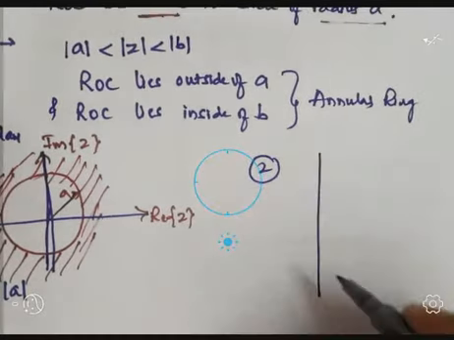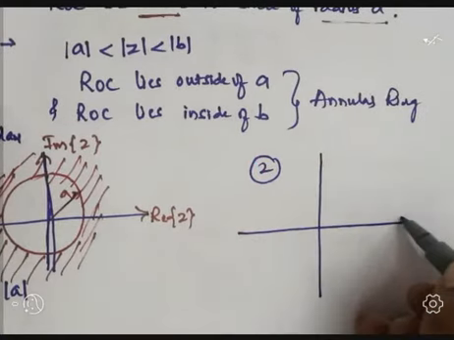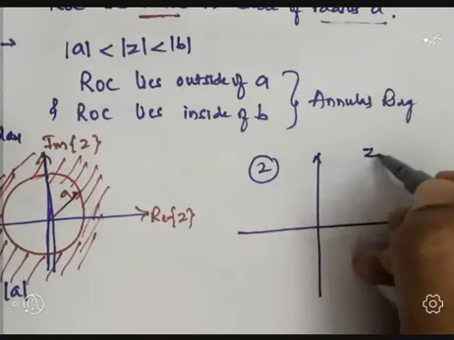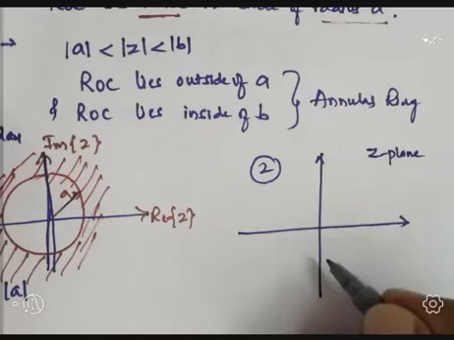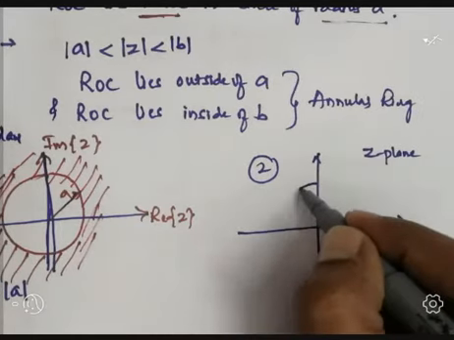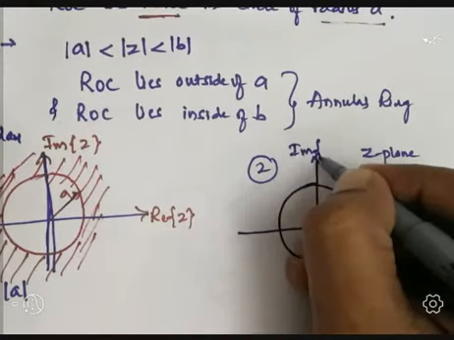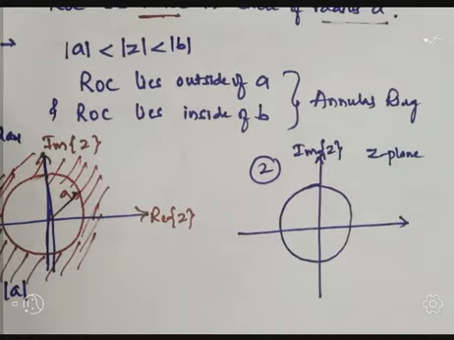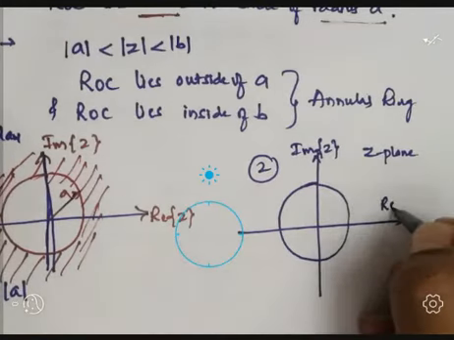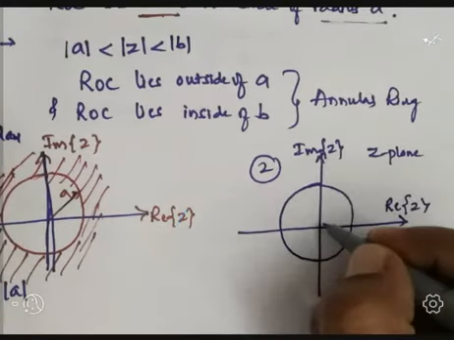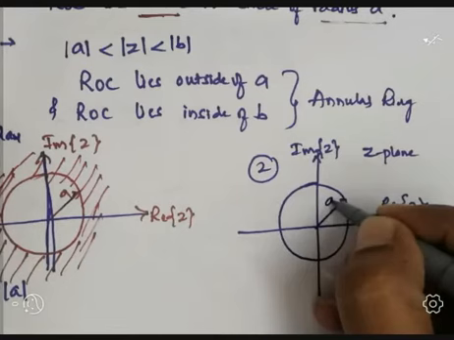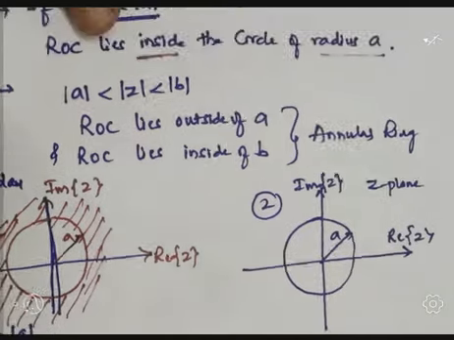Here I am drawing a circle on the z plane. This is the imaginary part of the z plane. This is the real part of the z plane, and this circle has radius a. So what is the condition of our ROC?